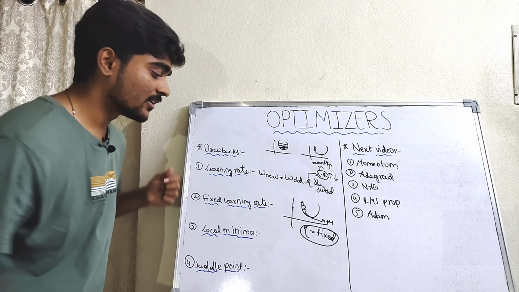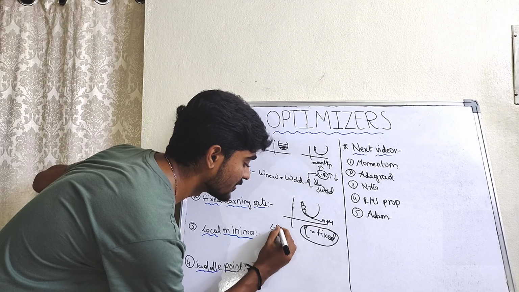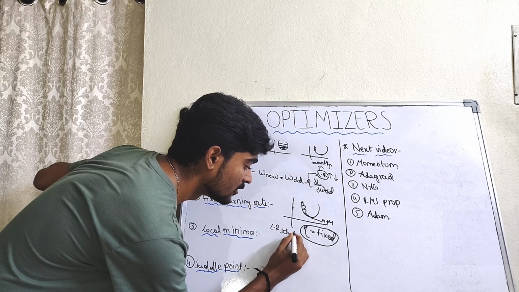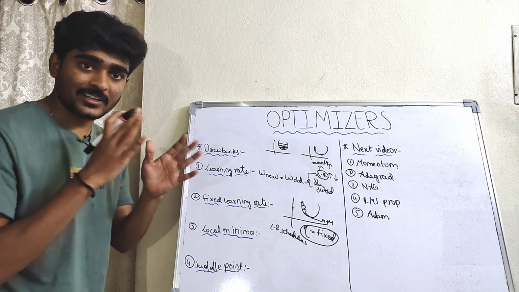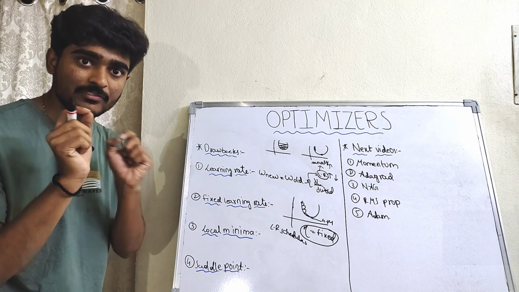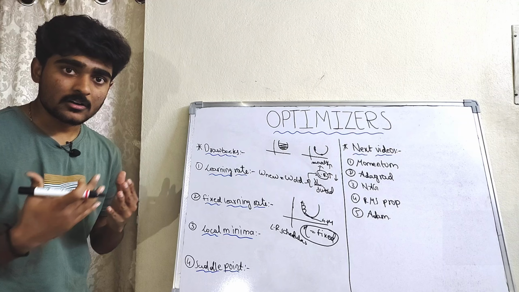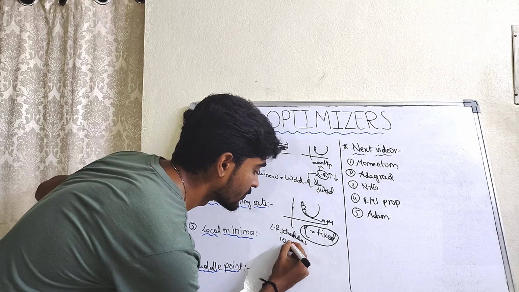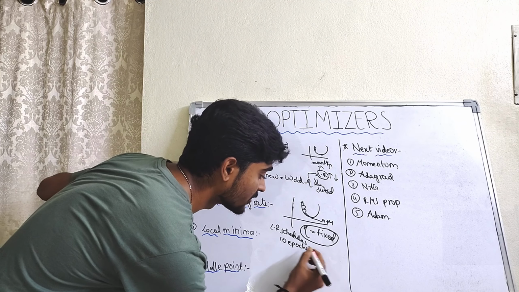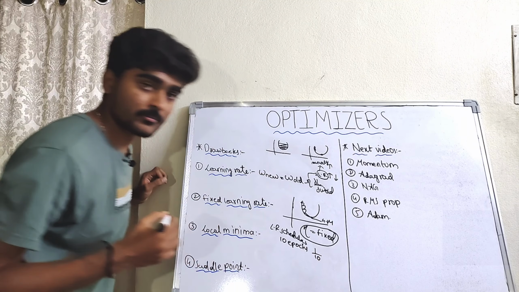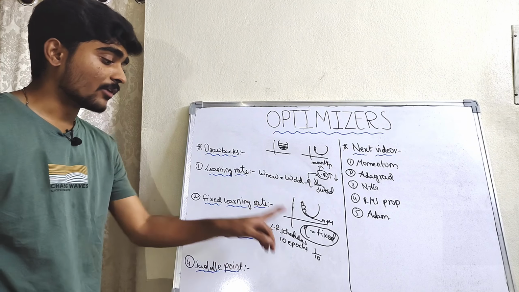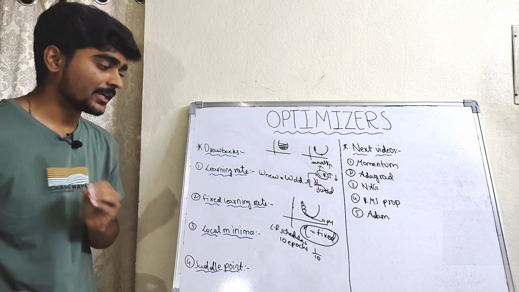we have a small concept called the learning rate scheduler. In this learning rate scheduler, you set a schedule. Let's say for every 10 epochs I want my learning rate to become 1/10 of its value.